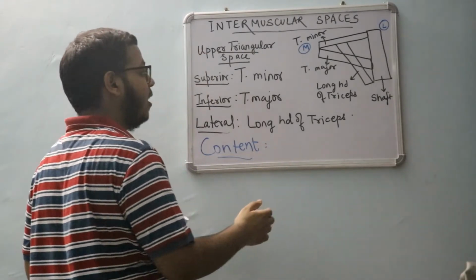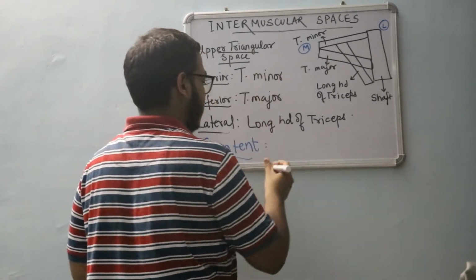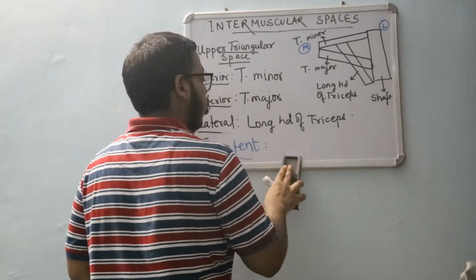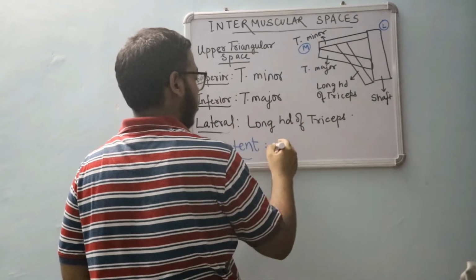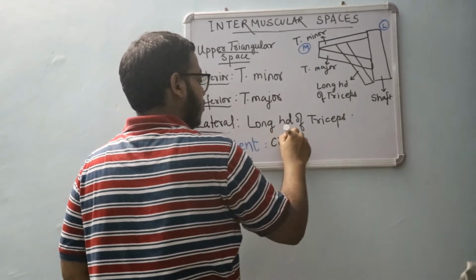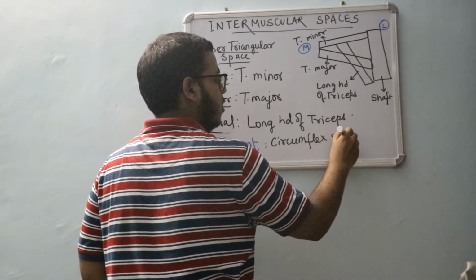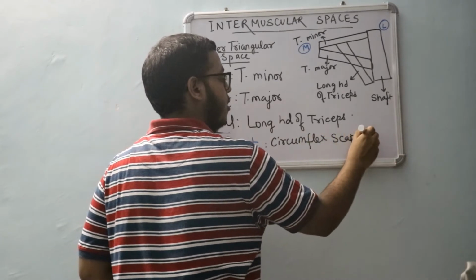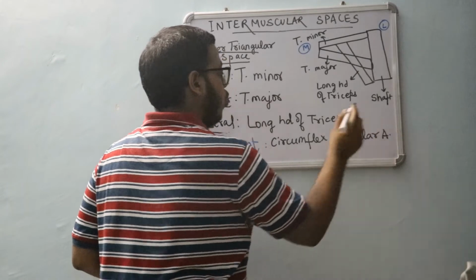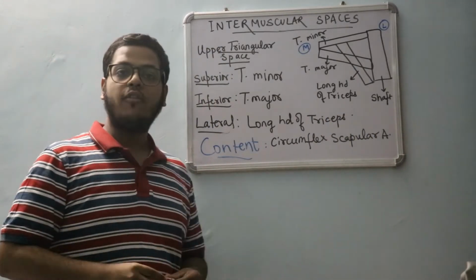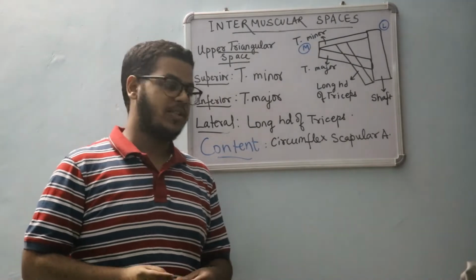That artery gives a branch, the circumflex scapular, and this artery will be the content of this upper triangular space. So this is about the upper triangular space. Now let us move on to the lower triangular space.